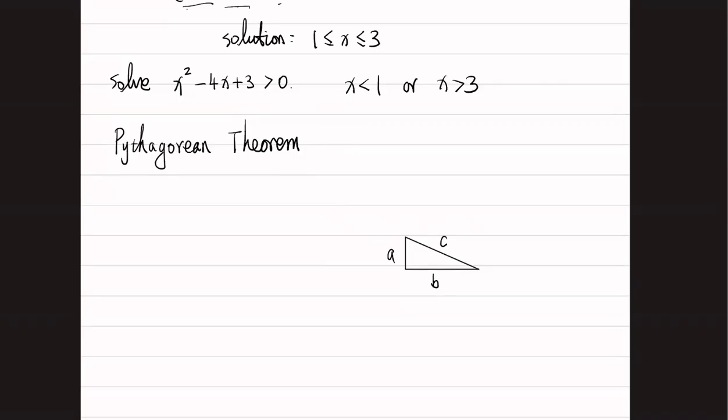So this A square plus B square equals C square. Okay, you have seen it before, right? And why is this? How do you prove it?